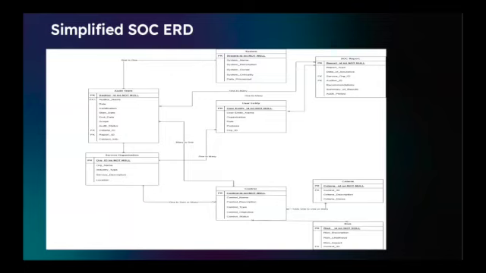In the screenshot for the SOC ERD, we felt the entities for audit team, service organization, system, user entity, control, criteria, risk, and the reports are the main entities that we want to really focus on when we are mapping out this ERD.